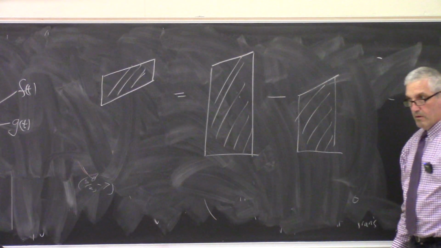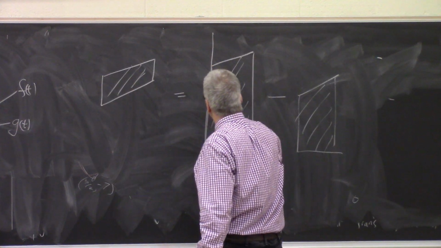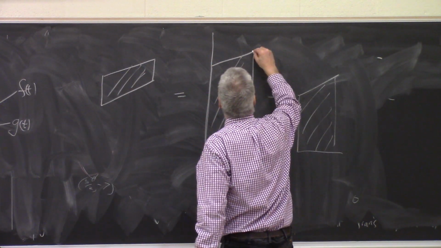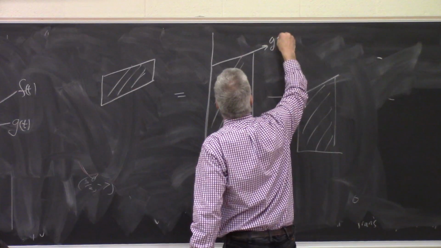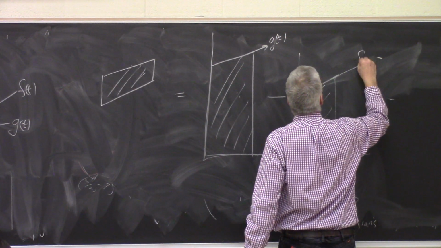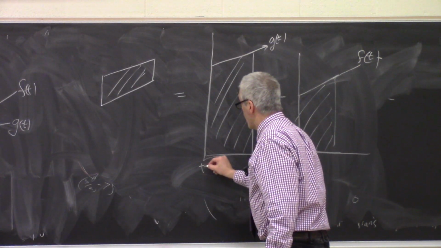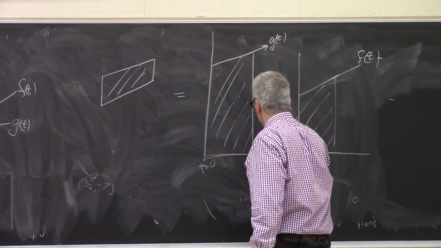Everybody get that? So this is the graph of g of t. This is the graph of f of t. These are velocities from t equals 0 to t equals 6.